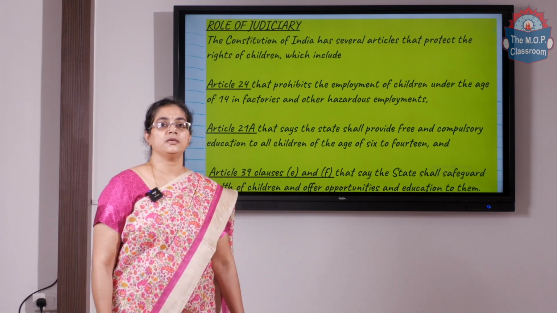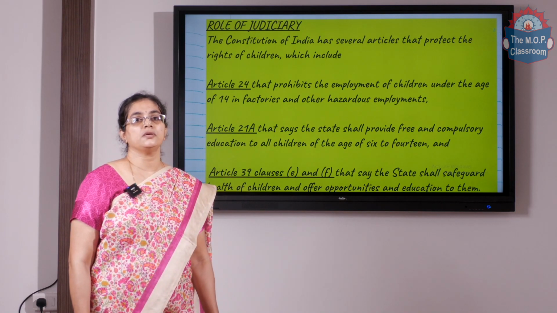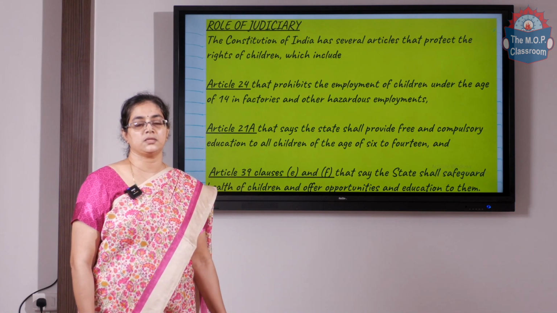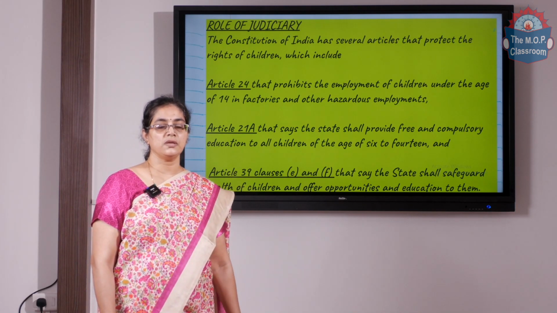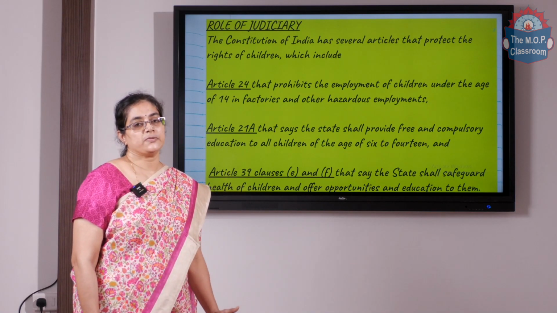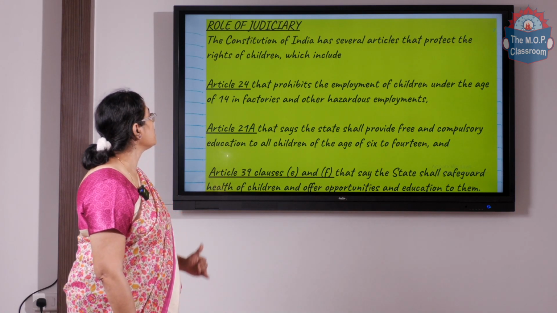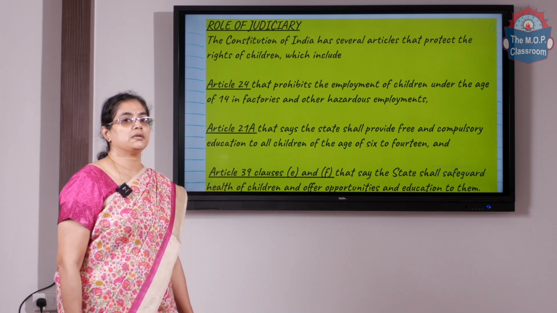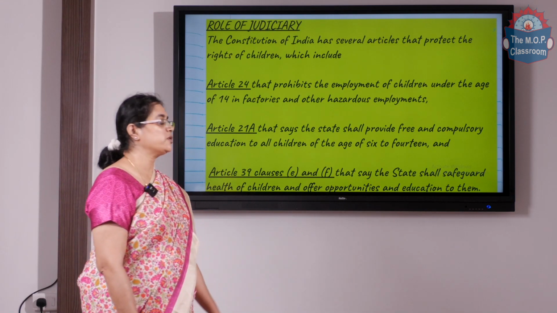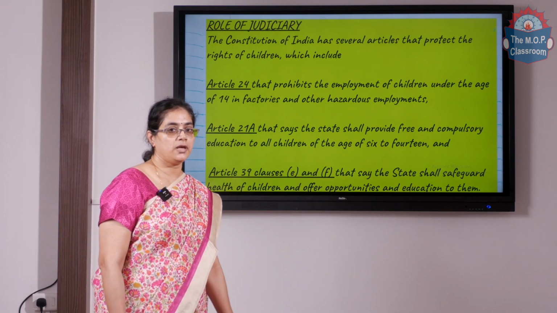While we all know that these acts are in place, what is the real scenario? We can conclude about the real scenario based on a few judiciary rulings that have been highlighted in this particular Act for the purpose of understanding its provisions. So the role of the judiciary, as far as we are concerned in this section, will talk about Article 24, which prohibits employment of children under the age of 14.